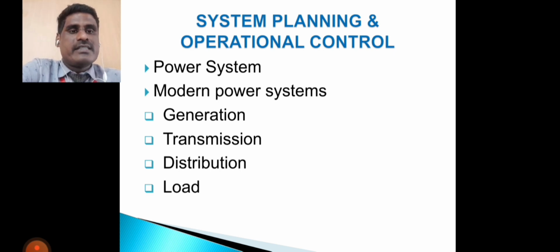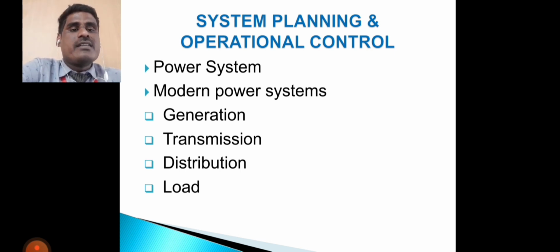And the second one is transmission. What is meant by transmission? Transmission is nothing but transmitting the power from transmission stations into distribution centers. Okay, and the next one is distribution. Distribution is nothing but distributing the power to various loads, that means various consumers like domestic customers or industrial customers.